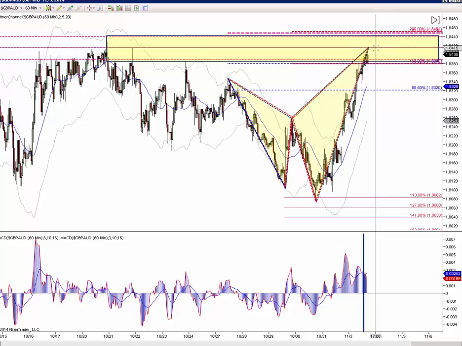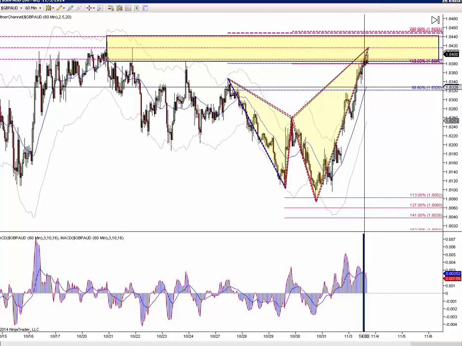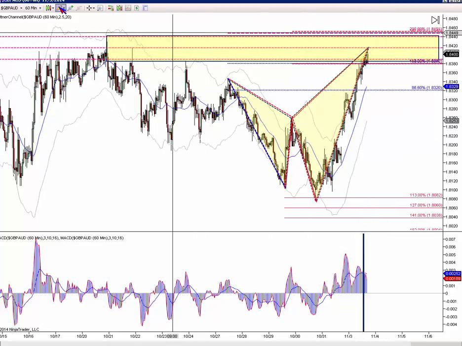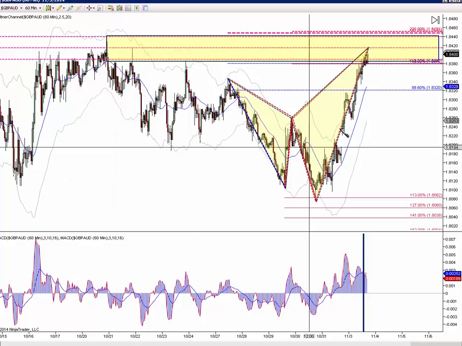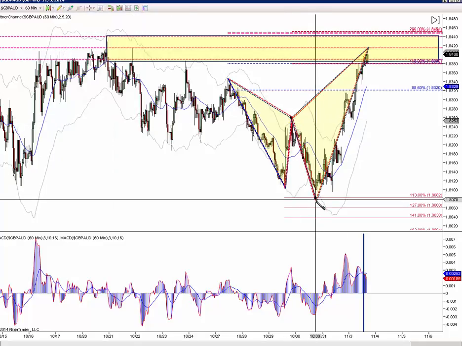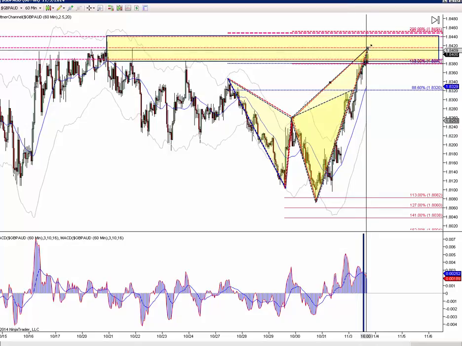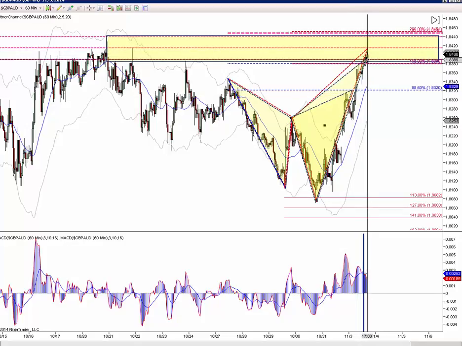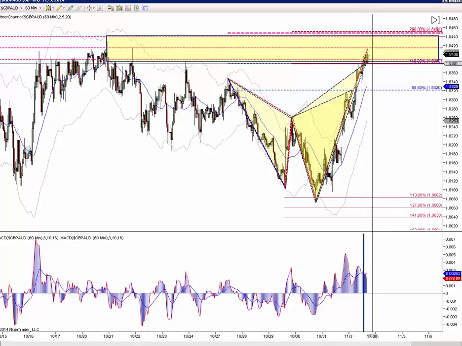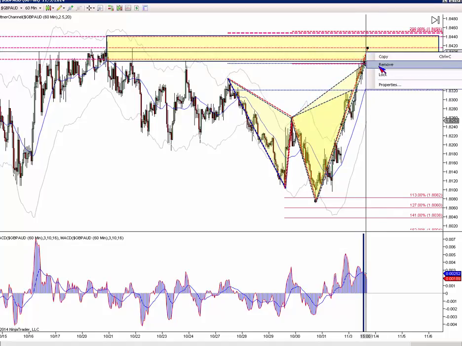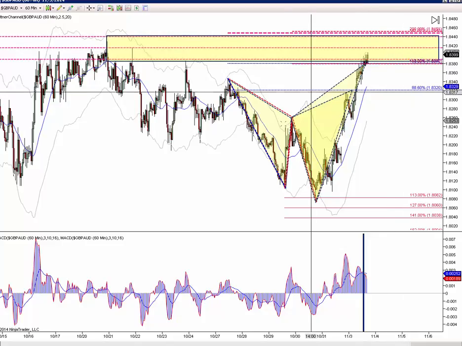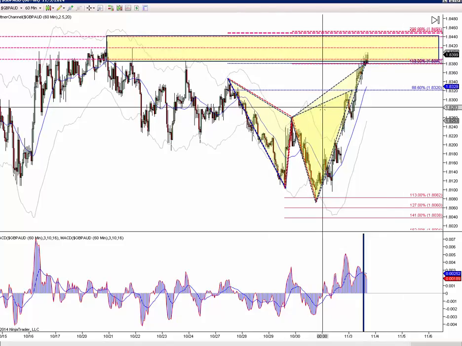All right, so your entry zone, what happens when you have the shark here, here, here, and then this is actually right to here. That's the proper shark pattern. All right, and then we're going to bring that risk down a little bit. 130.